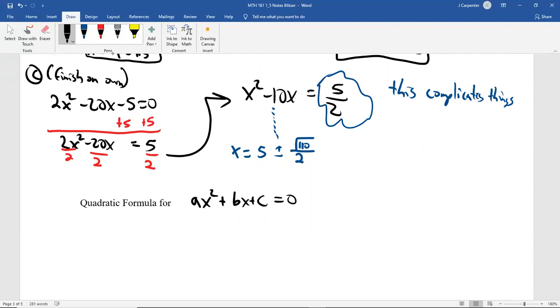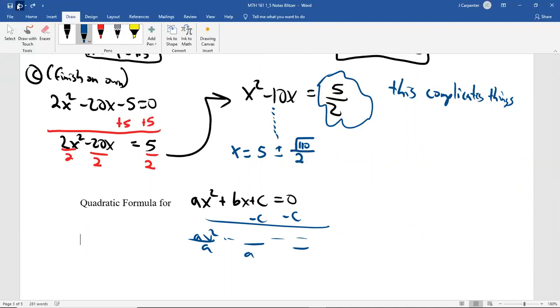So if you took this right here, and back in the day when we had a little more time for lectures, you subtract the c on both sides, and then you have ax squared, then you divide all the terms by a. You're just doing the completing the square method without numbers in place, so you have to deal with these a's, b's, and c's constantly, and it gets ugly and muddy.